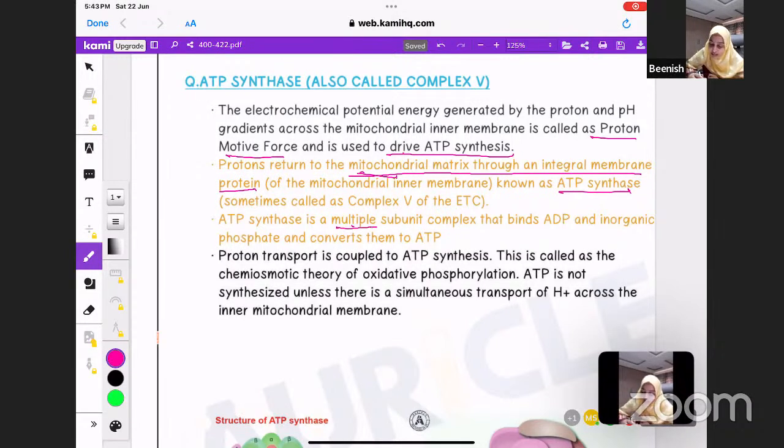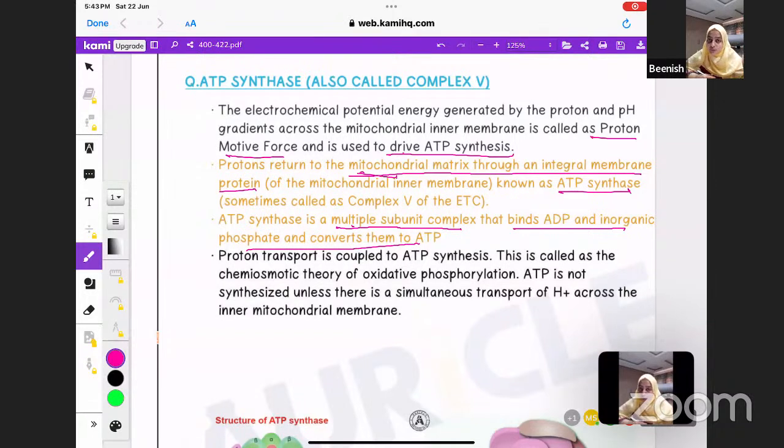Now, this ATP synthase is a multi-subunit complex that binds ADP and inorganic phosphate and converts them into ATP. How phosphorylation takes place we will see when we talk about the structure of ATP synthase. But for now, what it is trying to say is that because of the pumping of protons from the matrix into the intermembrane space, a potential gradient has been generated.